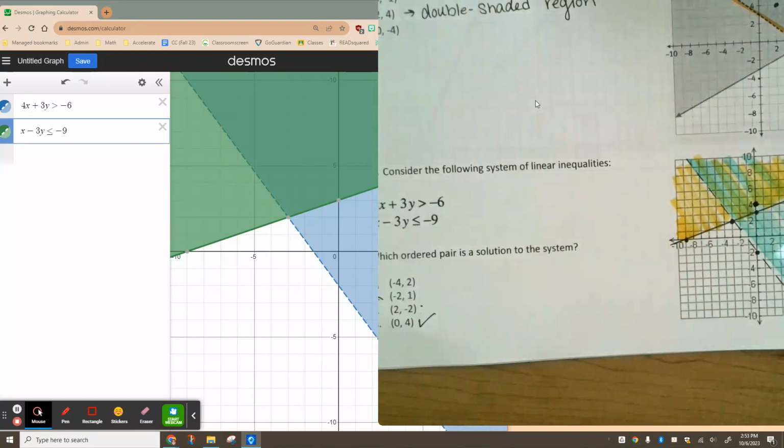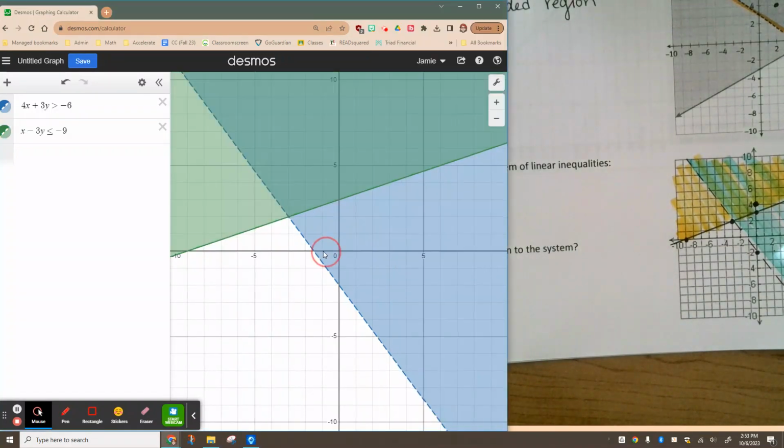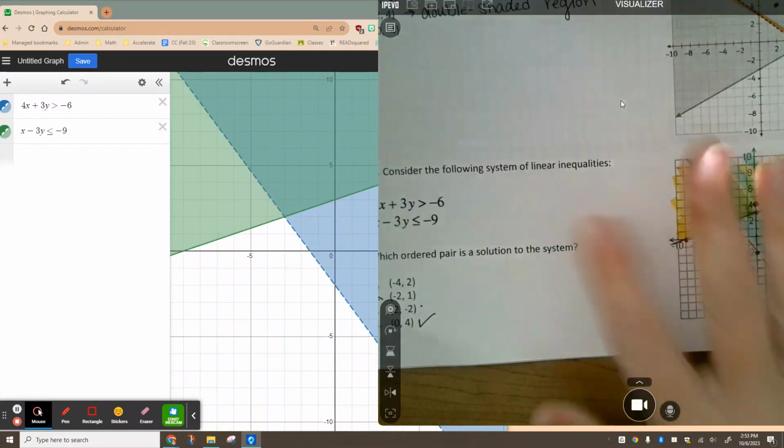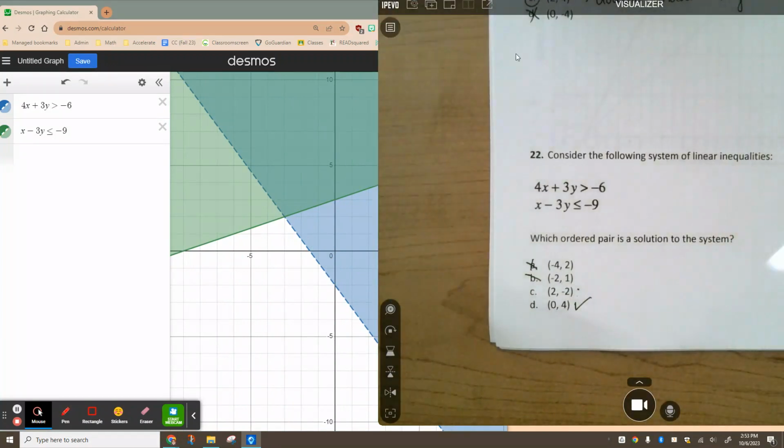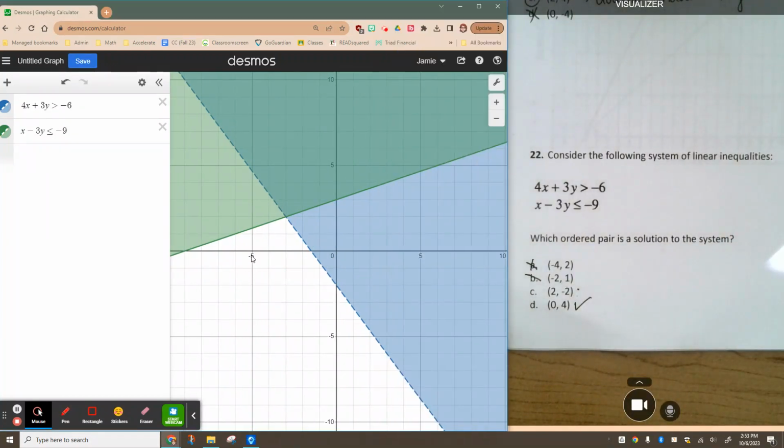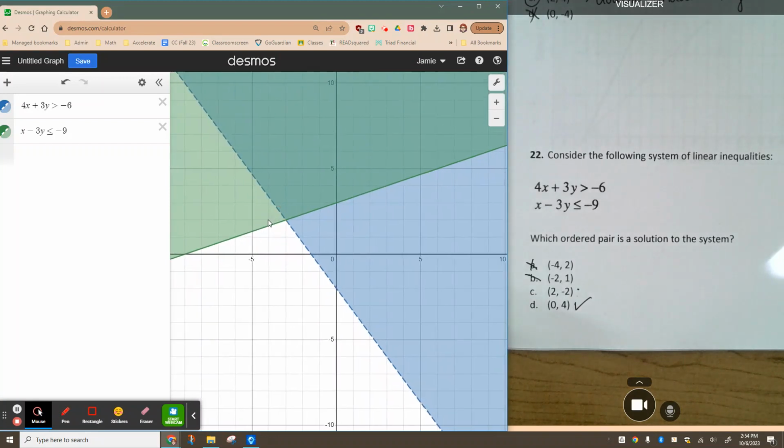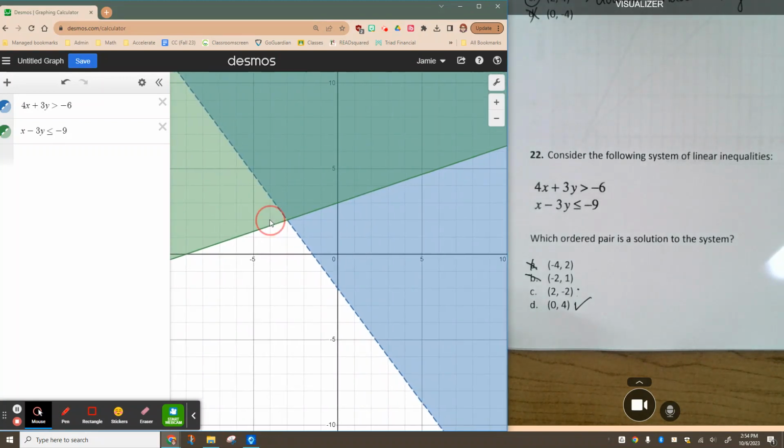I'm going to double check on the fancy graph. We have negative 4, 2. Negative 4, 2 is right here. So that would be a solution to the green, but not the blue.